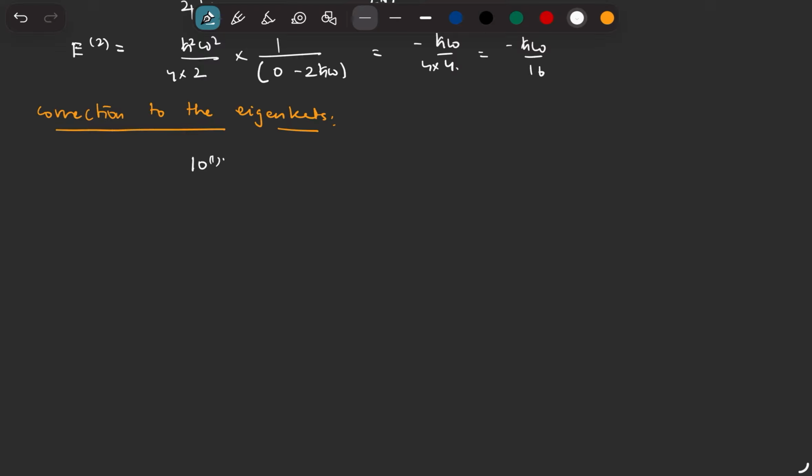So this is ground state, so get n 0, so this has to be ground state plus the sum over k not equal to 0 of v k 0 mod upon e 0 of ground state minus e 0 of kth level.